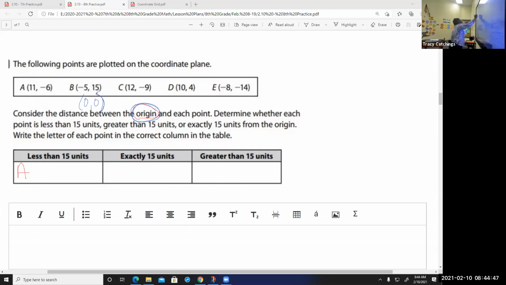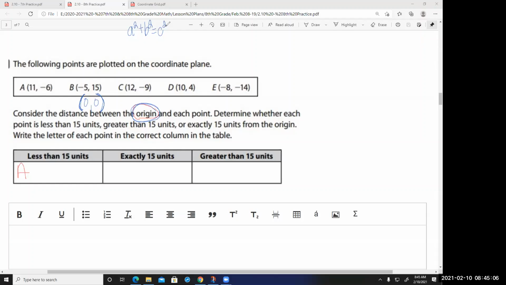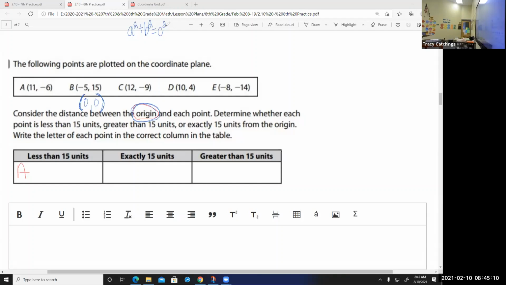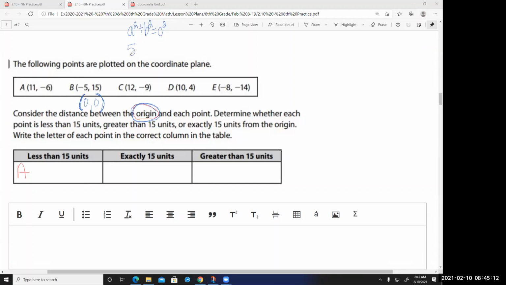So what's our A and B for point B? All right, somebody got 5 points to the left, so there's 5. So what'll be our B? 15. Plus 15 squared.